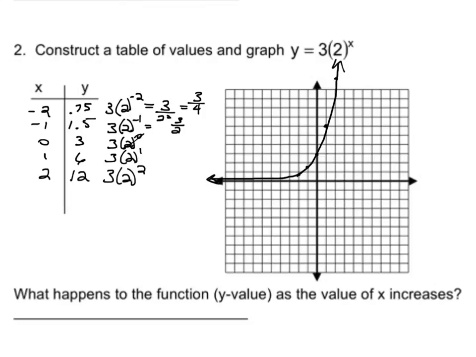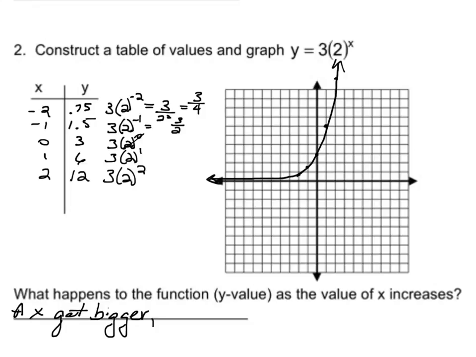But we approach these the same direction. We want to ask the same question. As on the previous question, what happened as the x got larger, the y got smaller? On this graph, as x gets bigger or increases, your y is increasing.